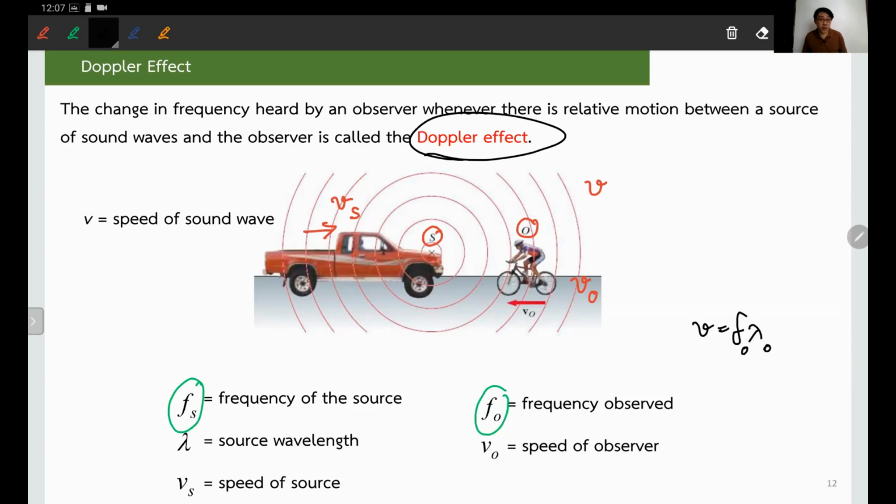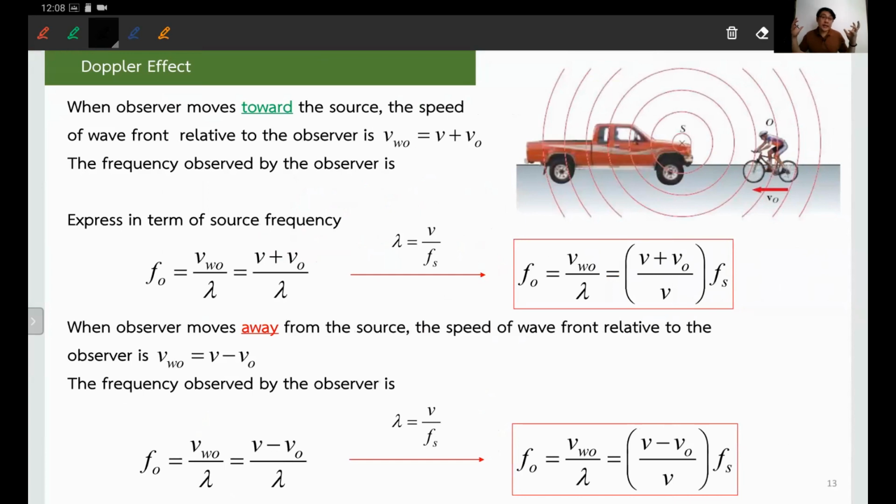So when you receive a shifted frequency, f sub O, a new frequency due to the Doppler effect, you match it with the velocity of sound, and then you can calculate the shifted wavelength as well. But I think the main focus will be on the frequency, because that's the one that we try to look at. Now, how can we calculate the observed frequency due to the motions of source and observer? That's the whole thing of this topic right here.